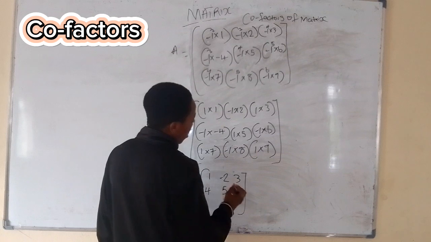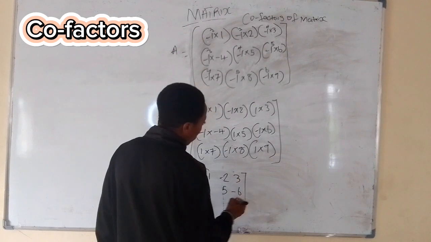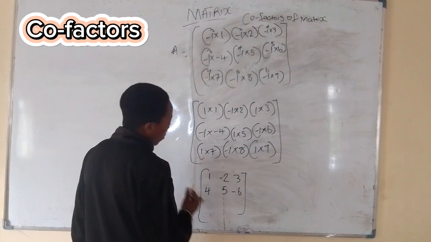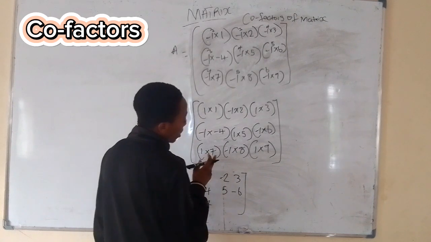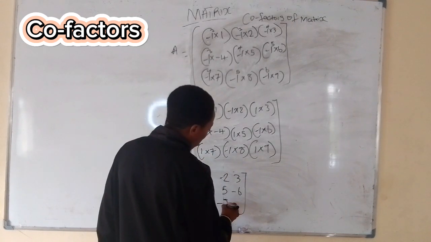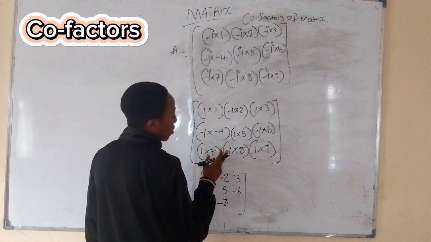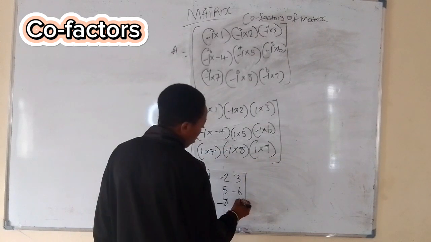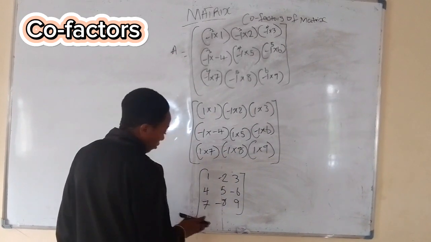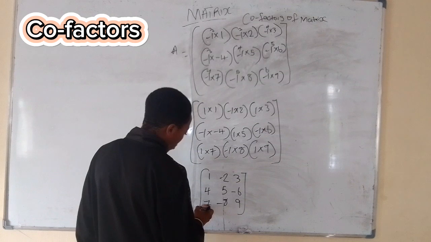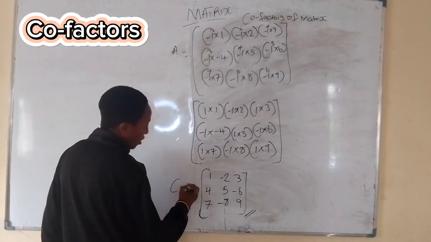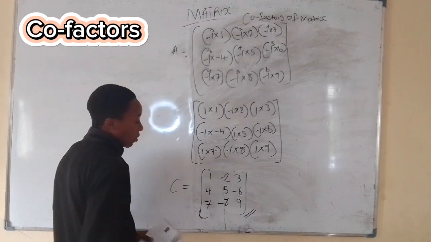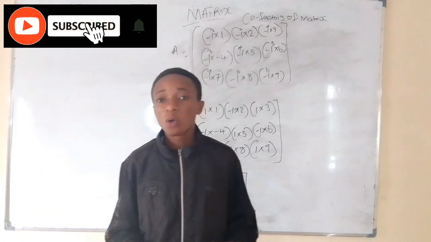Minus 1 times 6 is minus 6. 1 times 7 gives us 7. Minus 1 times 8 will give us minus 8. 1 times 9 gives us 9. So this is your answer. This is how we find the cofactor of any matrix. So that will be all on matrix.